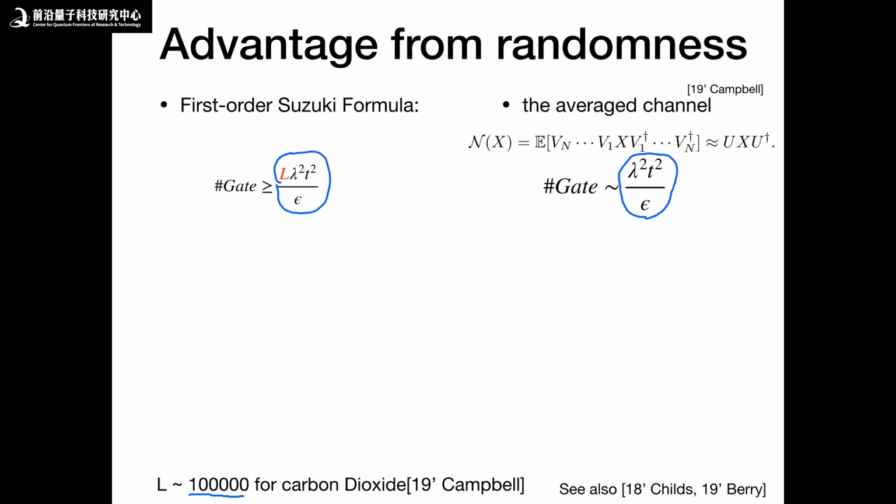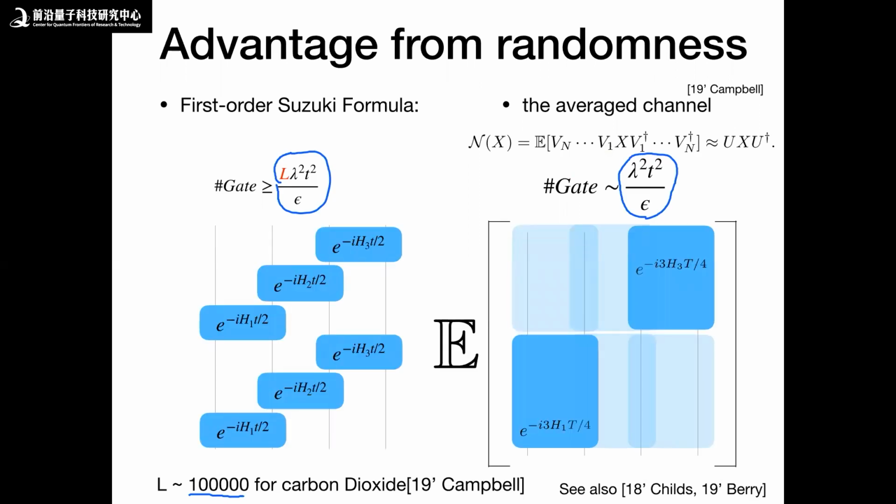So let's look more carefully at what these two things are doing. On the left, it's just the first order formula 1, 2, 3, 1, 2, 3. It goes through each term, so it has an L. On the right, what it does is a bit mysterious. Instead of doing 1, 2, 3, you just randomly choose one of them.